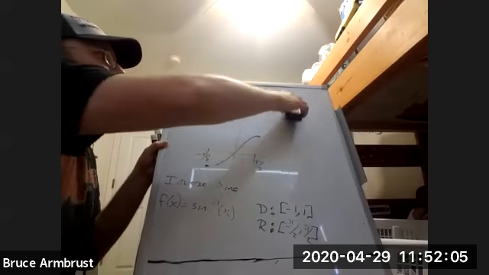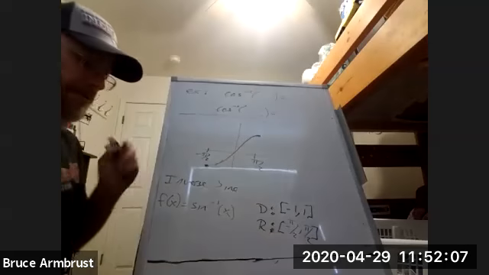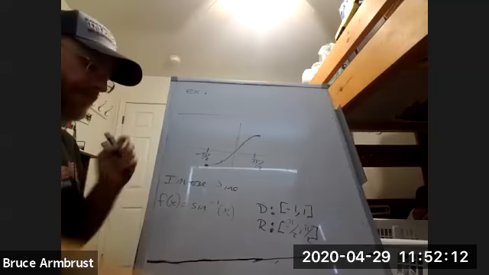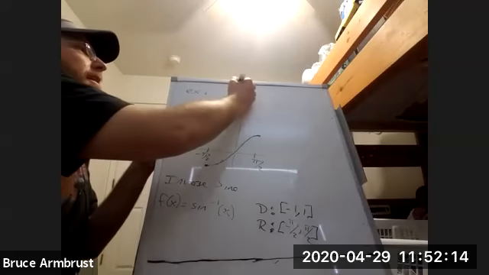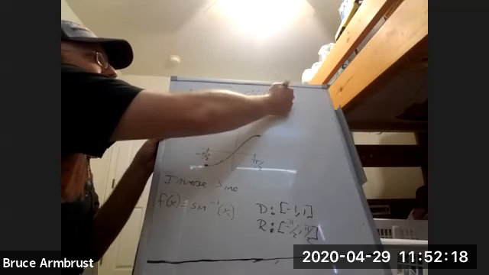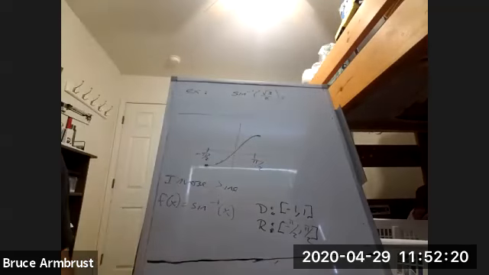So let me change some numbers up here, and we'll do a couple for inverse sine. So we can have, say, inverse sine of √3/2. So we need an angle whose sine is √3/2.